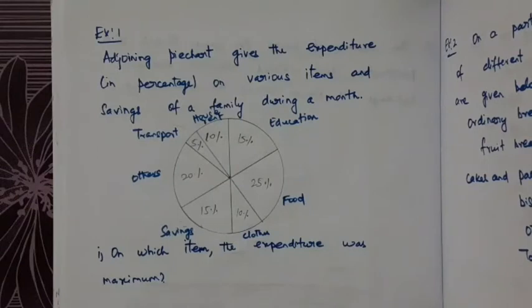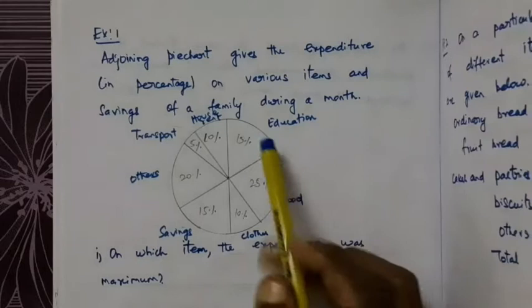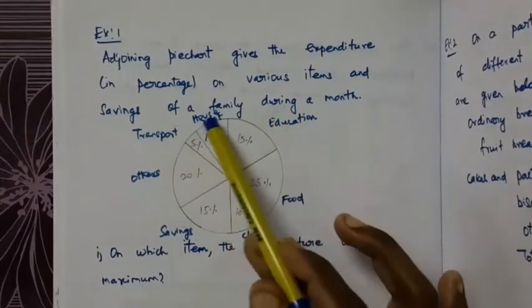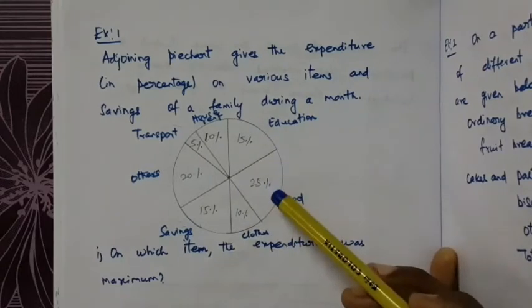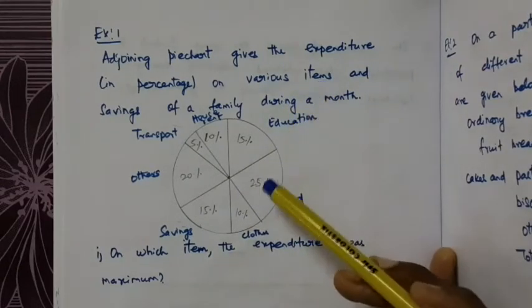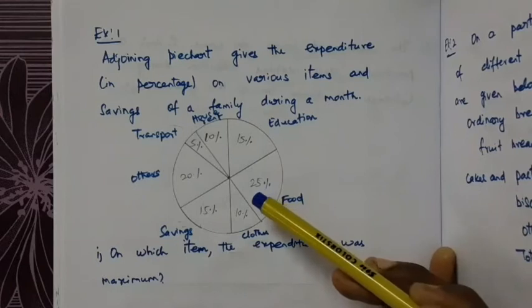So the first example is, the adjoining pie chart gives the expenditure in percentage on various items and savings of a family during a month. So this is a pie chart. What they have given is how much they are spending.